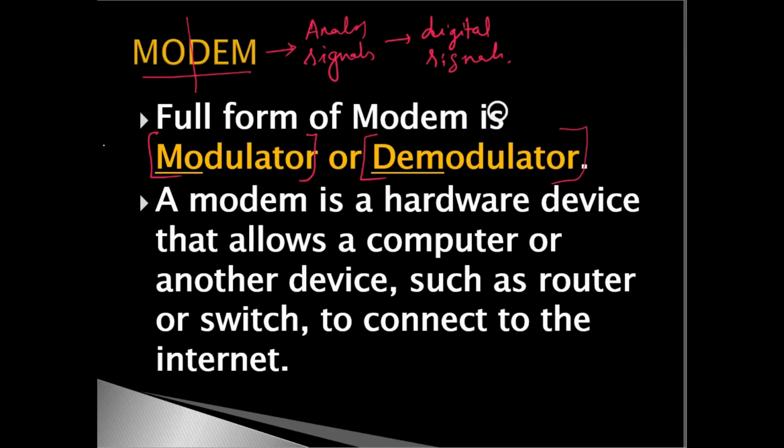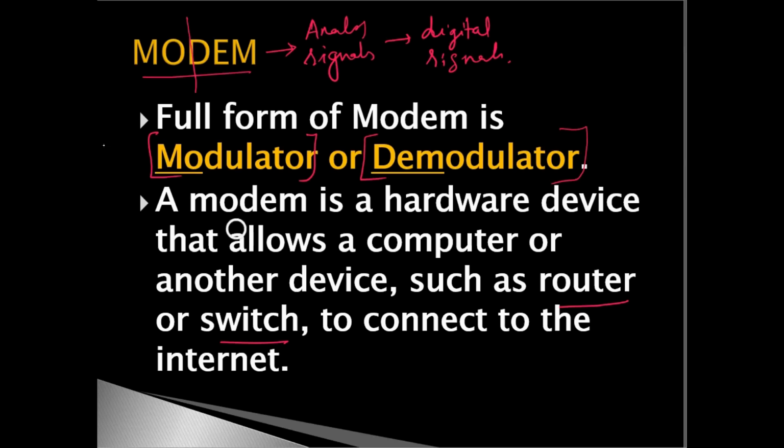So the full form of modem is modulator and demodulator. Let us read the definition. A modem is a hardware device that allows a computer or another device such as a router or switch to connect to the internet. We will study the router and switch in the upcoming slides. This is also a networking device.